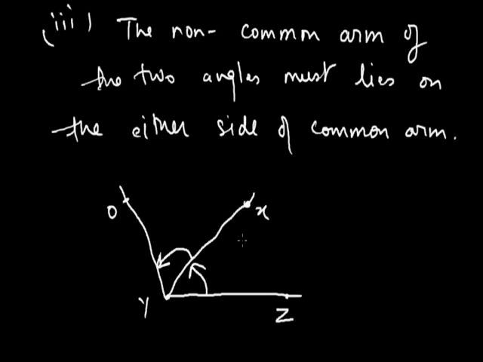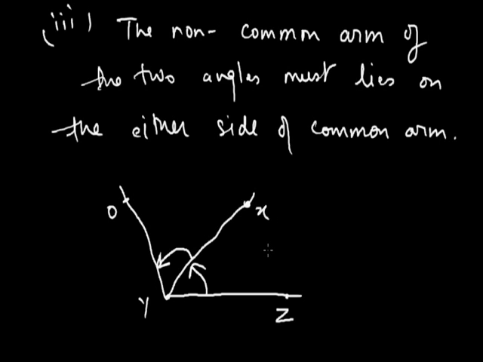Always remember that angles measured in the anti-clockwise direction are positive. It is by convention. Convention means it is by definition. So all the angles measured in the anti-clockwise direction are positive.